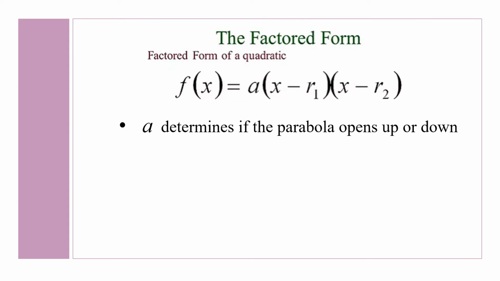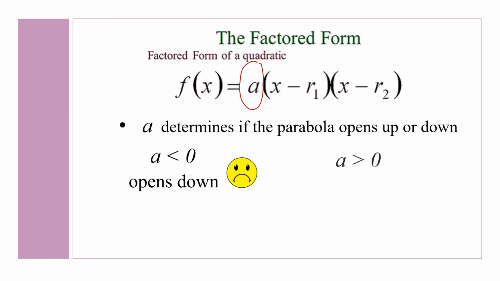First of all, if a is less than 0, then the graph is going to open down and it's going to make a frown. But if a is greater than 0, the parabola opens up and you get a smile.